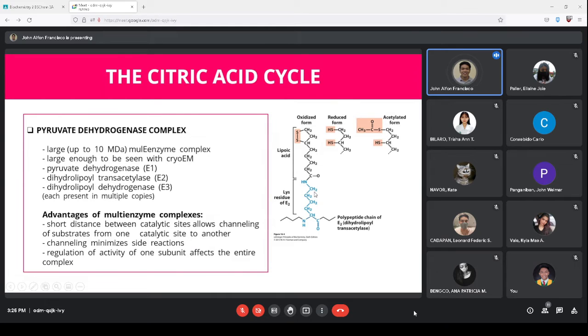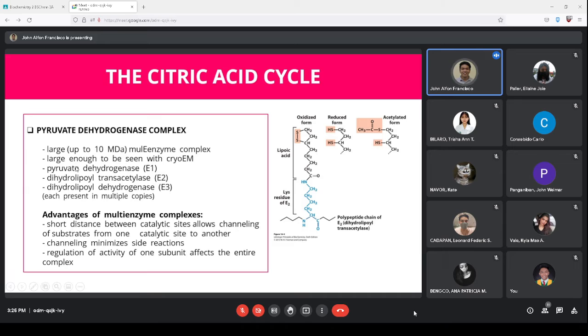So, ano pang meron kay pyruvate dehydrogenase complex? So, si PDH ay isa siyang malaking protein, and tinatawag natin siyang complex kasi it contains nga different enzymes that function with each other. Okay? So, large enough to be seen with cryo-electron microscope. So, pwede siyang ma-view in cryo-EM.